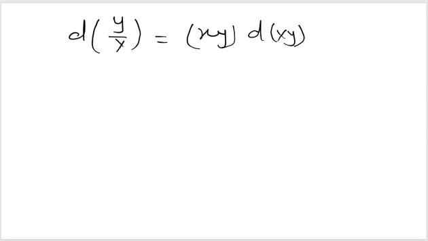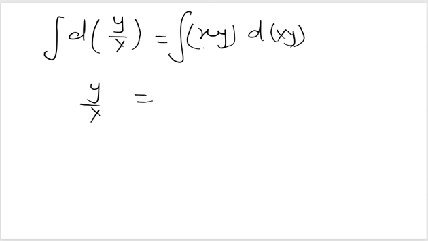So you can write that this is equal to d of y by x, and here you have x into y with d of xy. So let us cross check. Is it integrable? Yes, it is integrable. Is it integrable? Yes, xy can be integrated with respect to a product. So when you integrate, the answer is integration of d is y upon x.